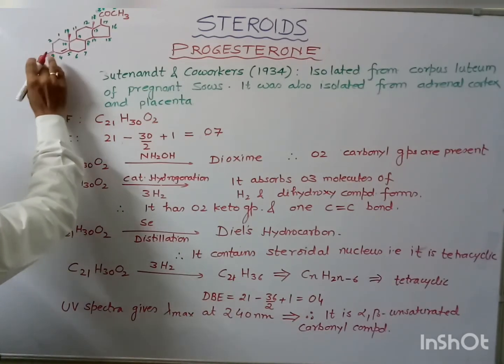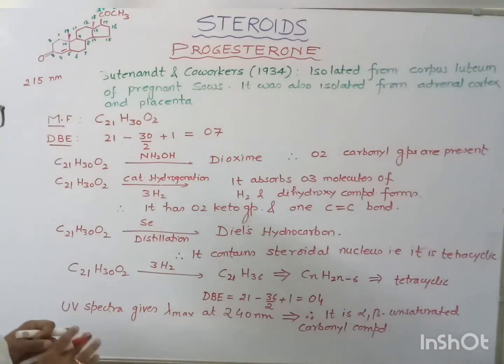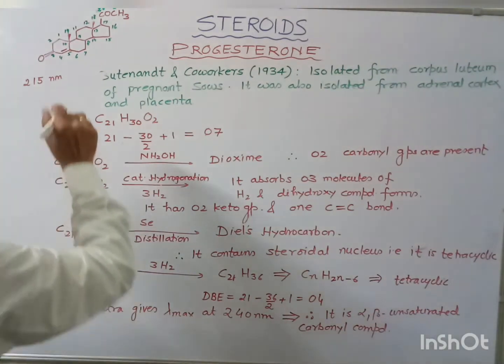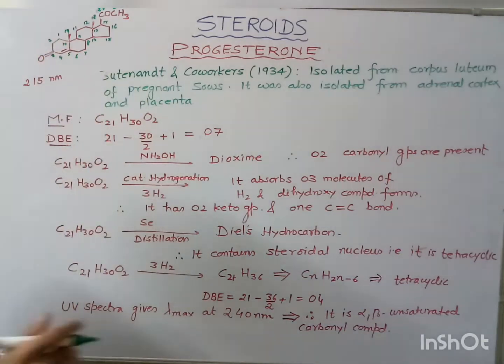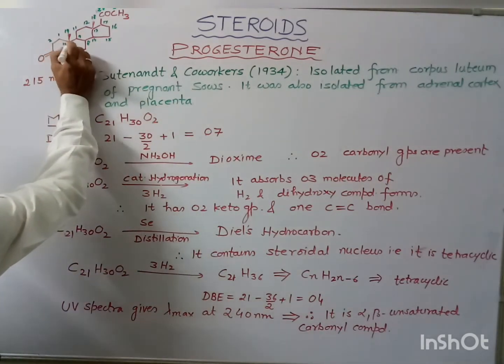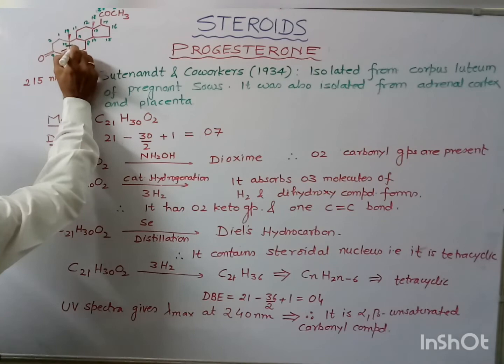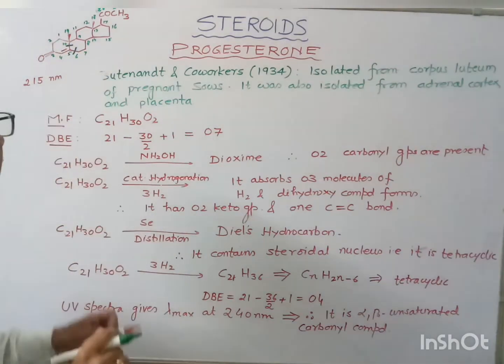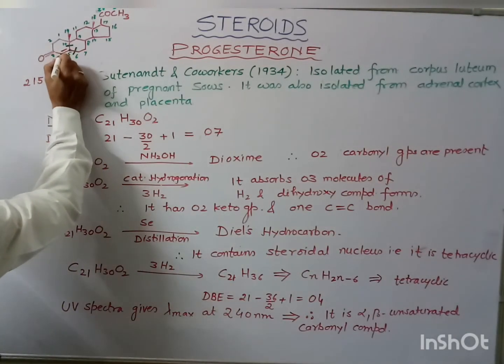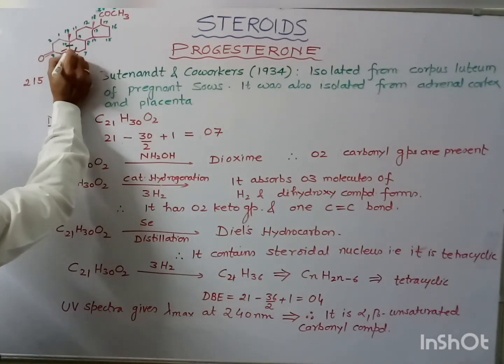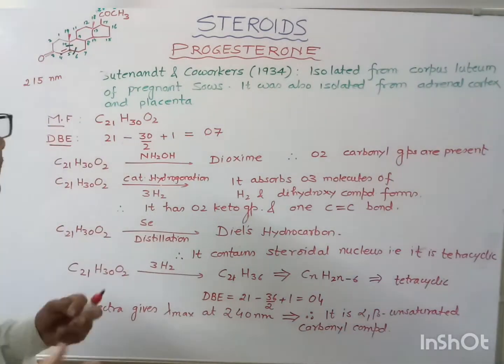And you can see ring residues are present: this is one ring residue and this is another ring residue. So two ring residues are at the beta position, as this is the alpha position and this is the beta position.